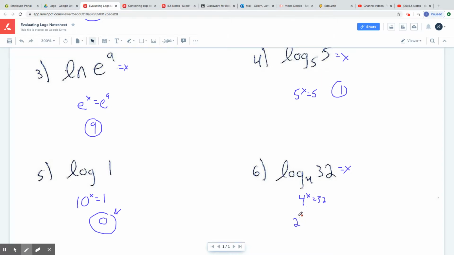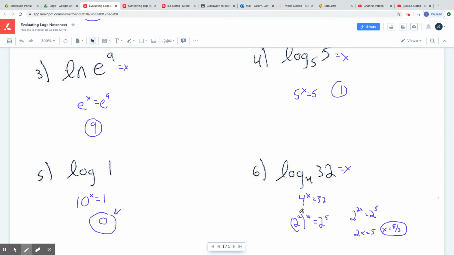Can I rewrite that as 2 squared to the x? And how can I rewrite 32? 2 to the 5th, right? So this is basically 2 to the 2x equals 2 to the 5th. If the bases are the same, set the exponents equal. 2x is equal to 5. x equals 5 halves.